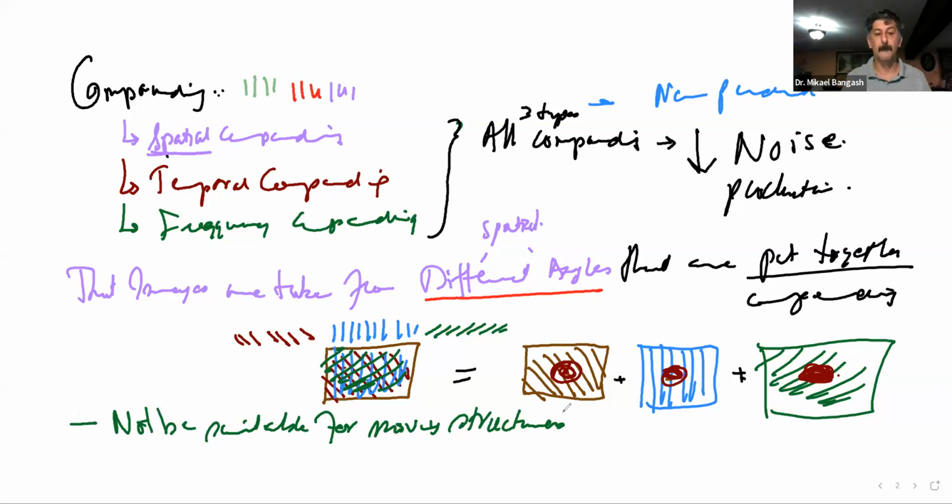Why? Mainly because this here is going to be one frame, this here is going to be another frame, and this is going to be another frame, that are going to be compounded together.